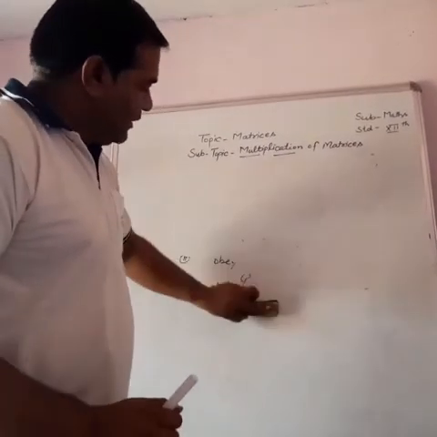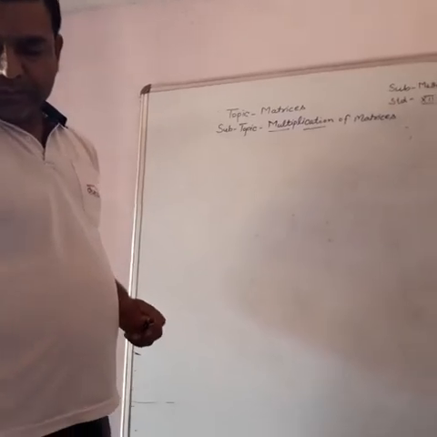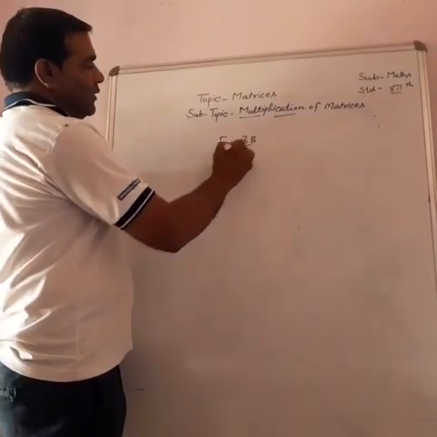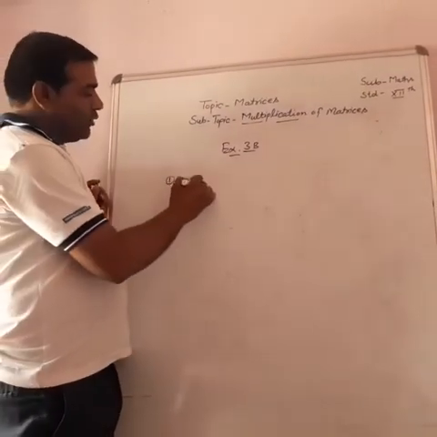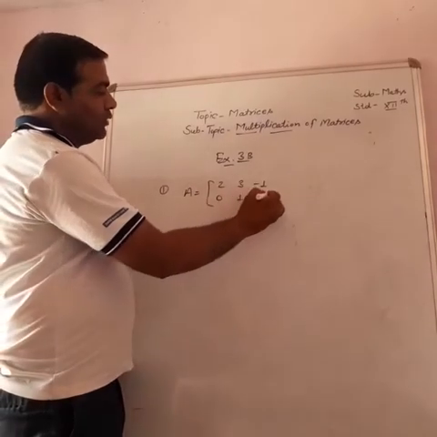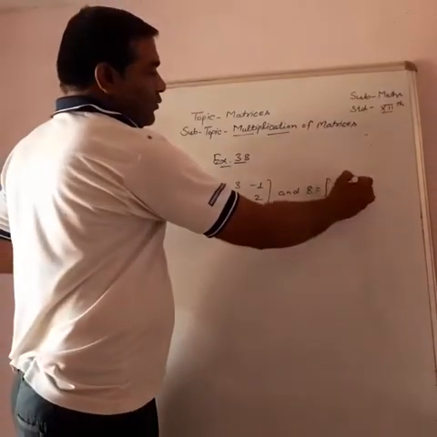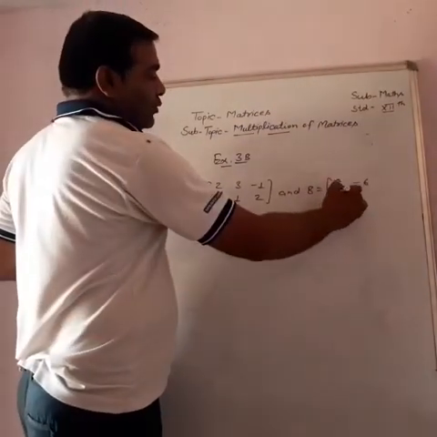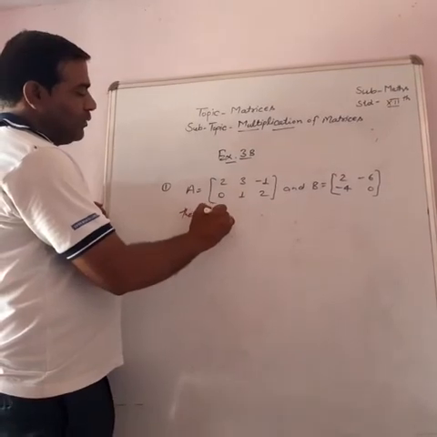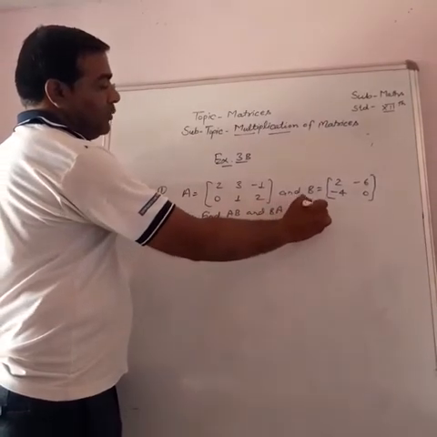In the exercise, your first question is: if A is equal to [2 3 -1; 0 1 2] and matrix B is equal to [2 -6; -4 0], then find AB and BA if they exist.